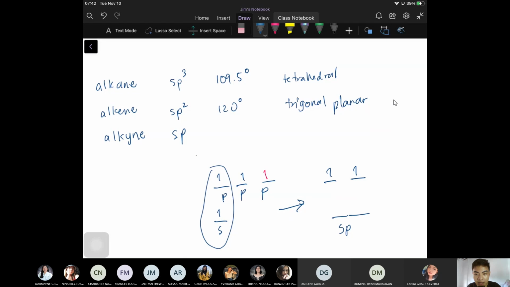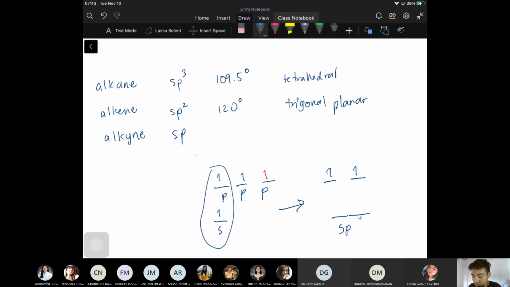So yan, kapag alkyne naman, the carbon hybridizes only 1s and only 1p orbital. So the 2p orbitals are unused. So that means your carbon can perform bonds with 2 other atoms lang.